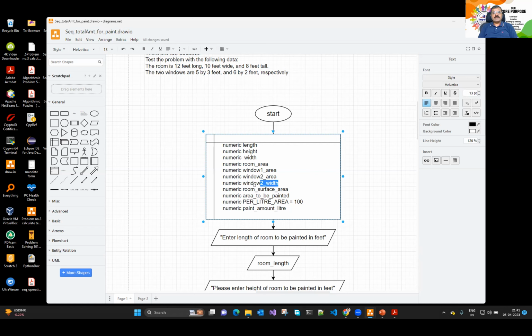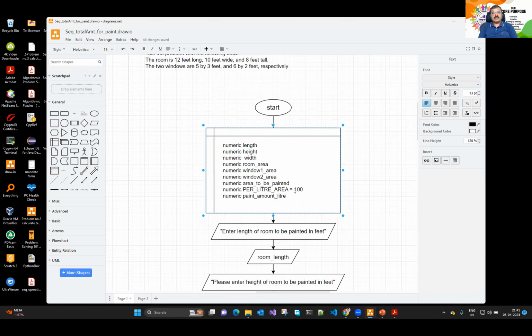I'll not take these variables, window 2 ka width, plus surface area. I'll just take room area, window 1 ka area, and window 2 ka area. Area to be painted is to be calculated. And amount of paint per liter.